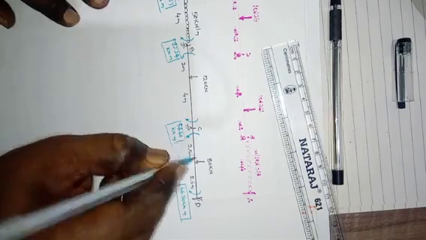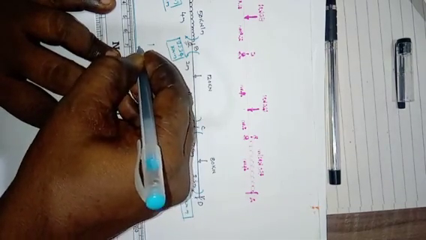Now we can draw the bending moment diagram for this one. First draw this one as the reference line.